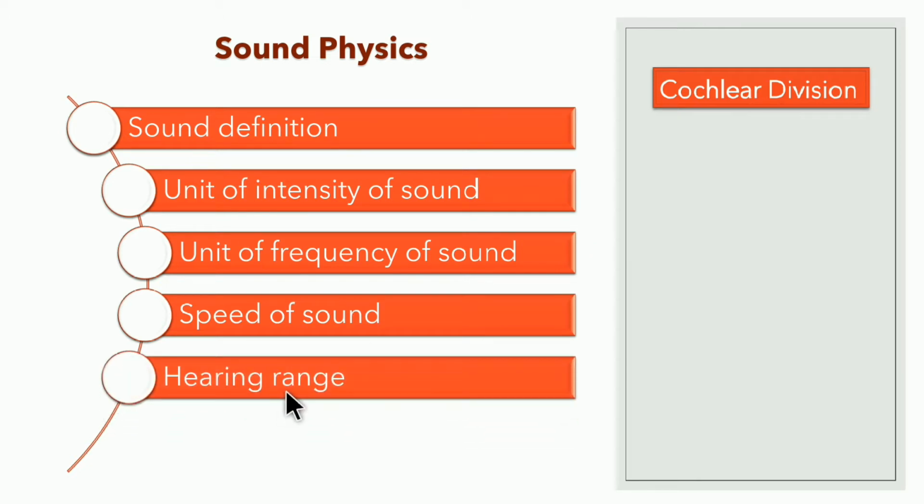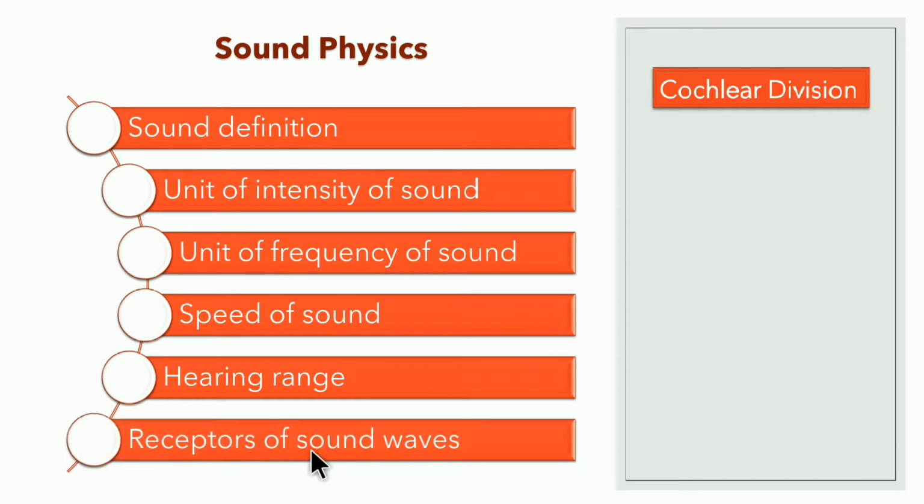The hearing range is 20 to 20,000 hertz, but maximum sensitivity of the human ear is between 1000 to 3000 hertz. And last, what are the receptors of sound waves? The receptors of sound waves are present in the inner ear, in the cochlea, and they are the hair cells in the organ of Corti. These are all viva questions when the hearing test practical is conducted in examination. These are some of the viva questions regarding the sound physics.